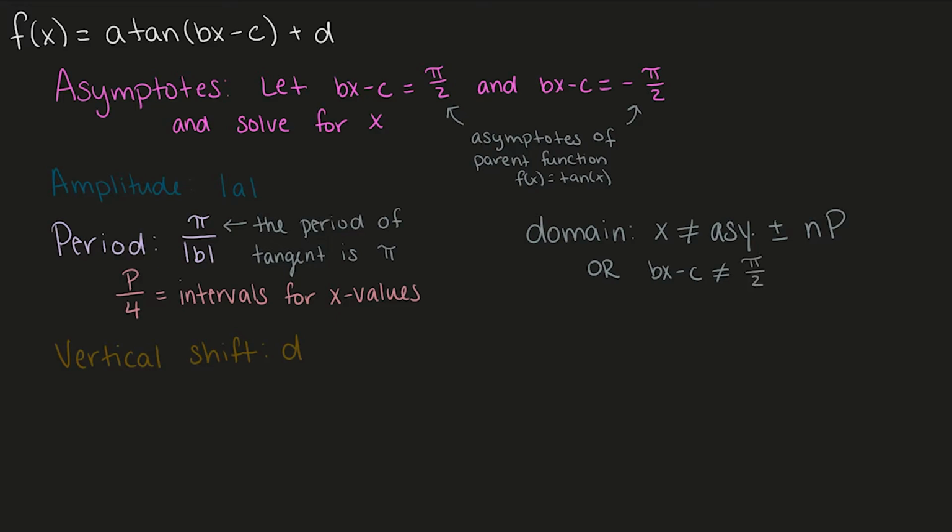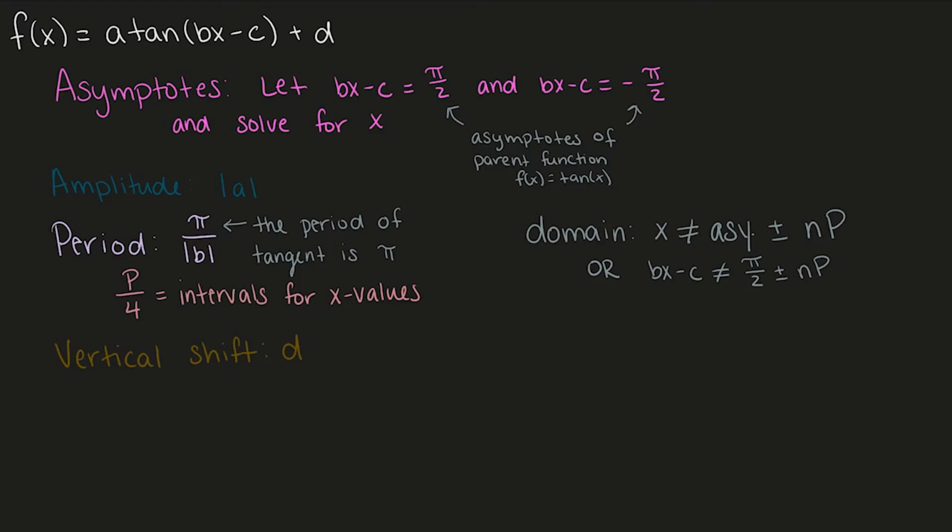This means our domain is going to be x is not equal to one of our asymptotes plus or minus our period. This way, we can account for all places where we have an asymptote and all places that we do not have a value for our tangent because it is undefined.